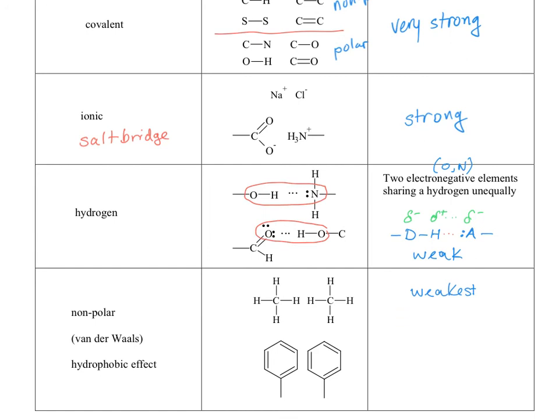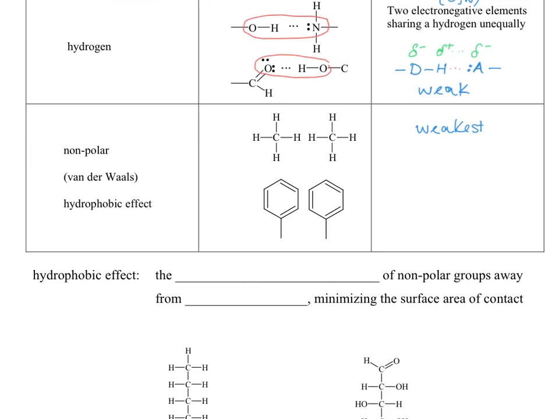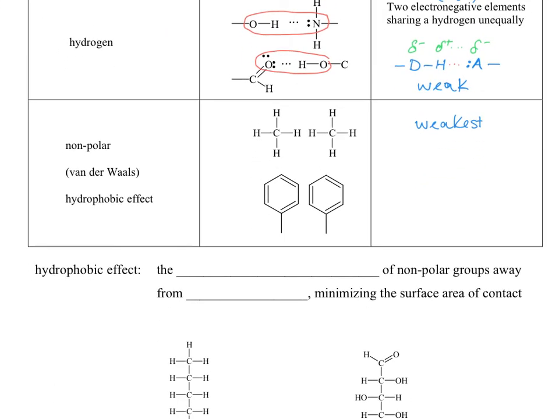Now, let's go to the bottom of the page here and talk about one more thing before we leave this page behind. Nonpolar interactions are very weak. However, there is another aspect called the hydrophobic effect. And the hydrophobic effect is very strong.